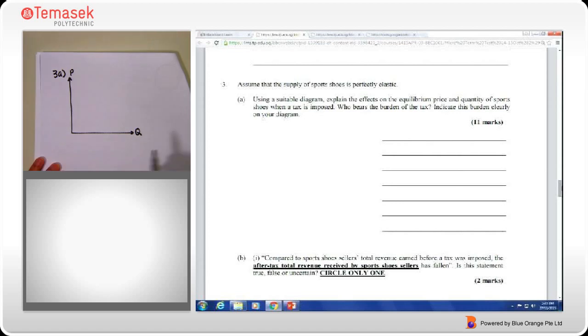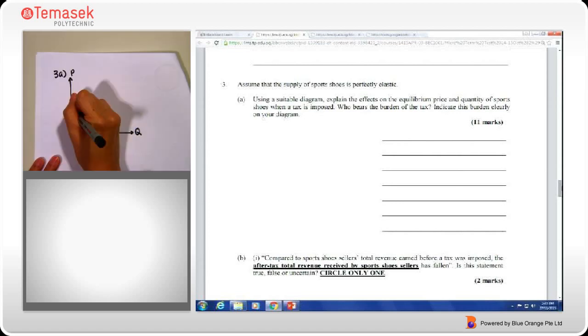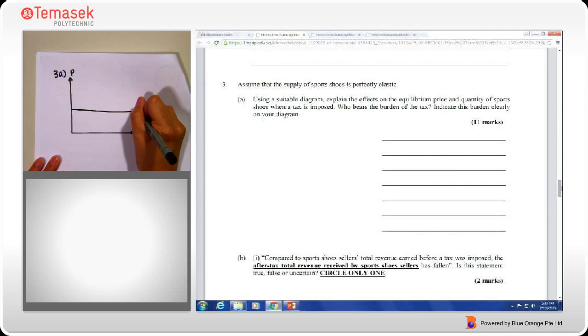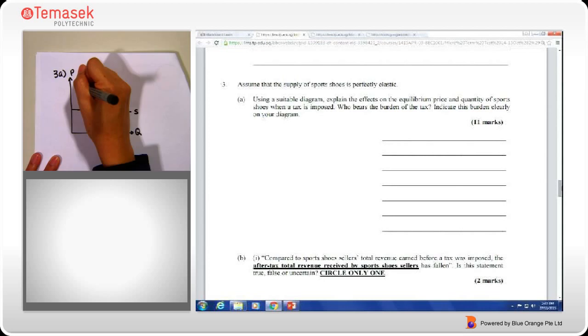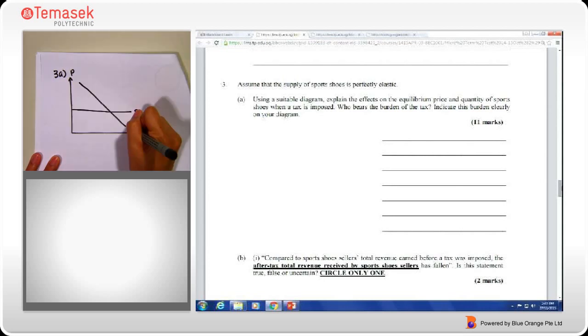Perfectly elastic is a horizontal line. So the supply itself is perfectly elastic, and demand is a normal downward sloping demand curve.